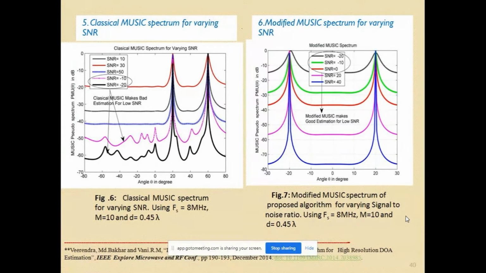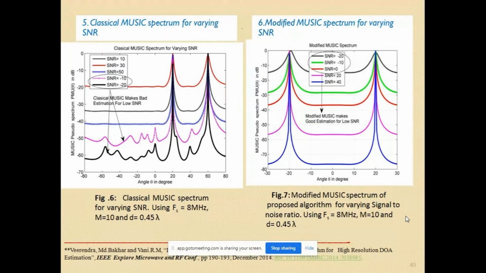Whereas in the modified MUSIC algorithm, we modified the mathematical model of the MUSIC algorithm in such a way that we used the Jordan canonical form method in our mathematical model.